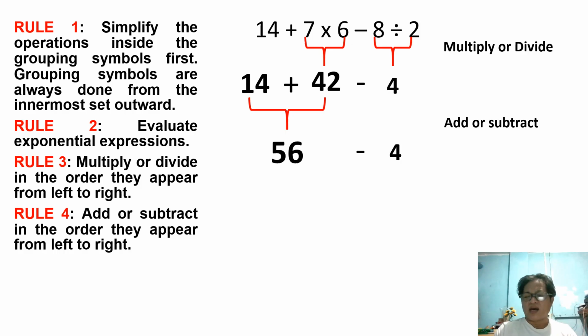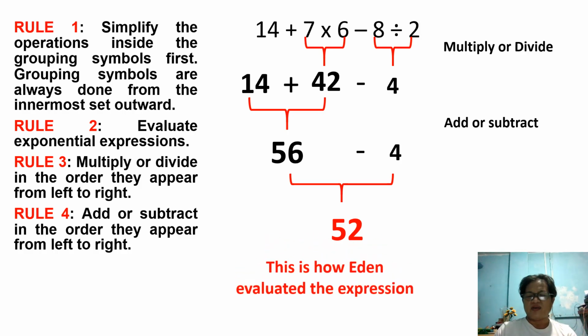Then bring down the remaining operation, and then we will now subtract. 56 minus 4 is equal to 52. Whose answer is this? Okay, very good. This is Eden's answer after she evaluated and followed the rule that has been presented from Rule 1 to Rule 4.